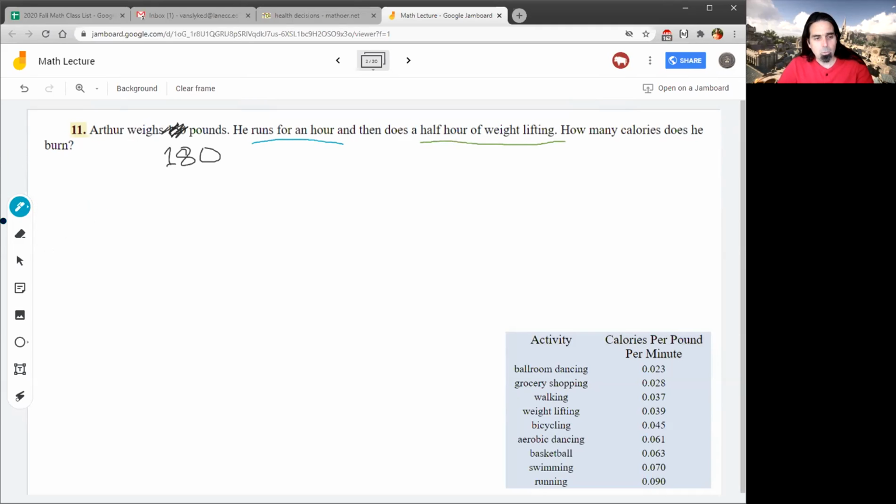The runs for an hour, we multiply those three things together, his weight, an hour would be 60 minutes, and running was 0.09.